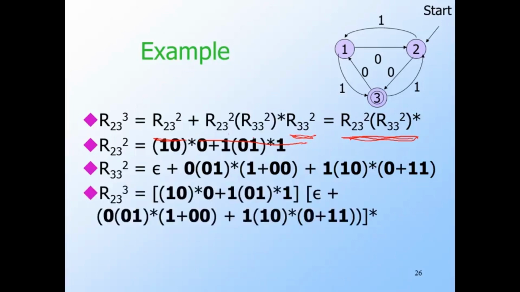And here is the simplified expression composed of R_23 super 2 and R_33 super 2, that last being starred. So what you have at the end is a regular expression whose language is the same as that of this automaton in the corner.